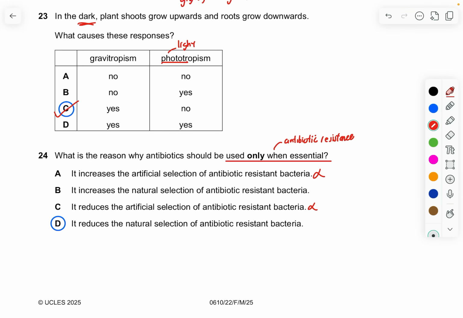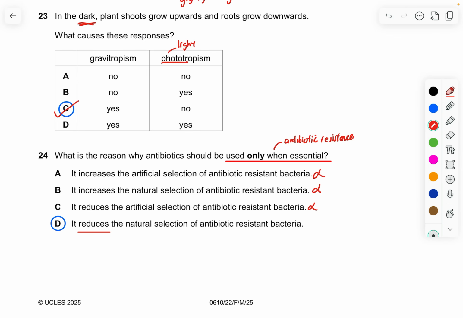It increases the natural selection of antibiotic-resistant bacteria. That is also incorrect. It should be reducing the natural selection. If it reduces it, then you have a lesser chance of growing antibiotic-resistant bacteria. When you increase it, it means this person has been overusing antibiotics or not following the treatment plan given by doctors, and the chance of antibiotic-resistant bacteria occurring is super high.